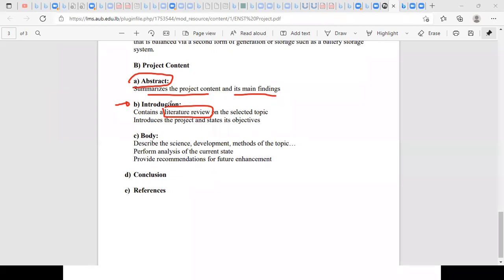So let's say, for example, you are studying the problem of electricity in Lebanon, and you want to solve it. Let's say one of the possible topics is: what can be the solution for electricity problems in Lebanon? To know what to do, the first thing is to look at other countries. What were the strategies used in other countries?